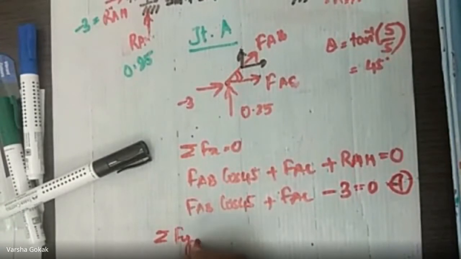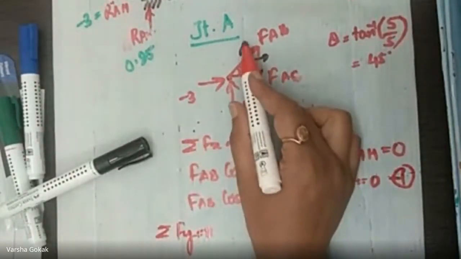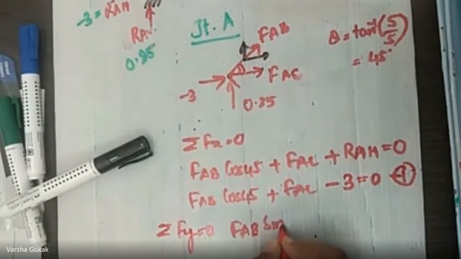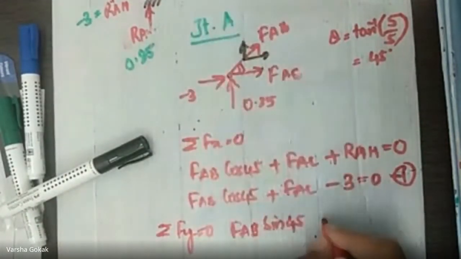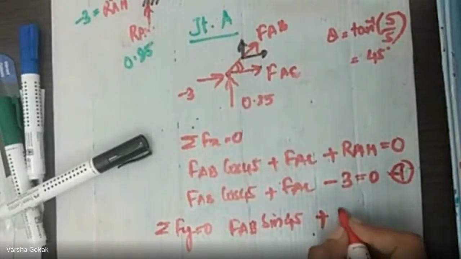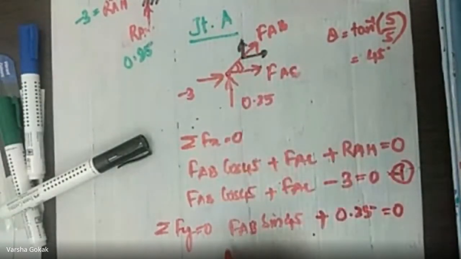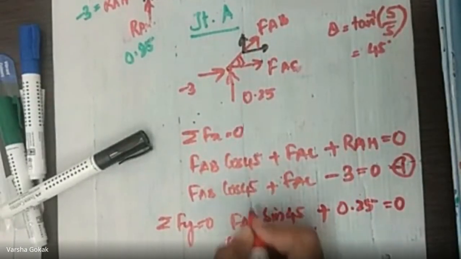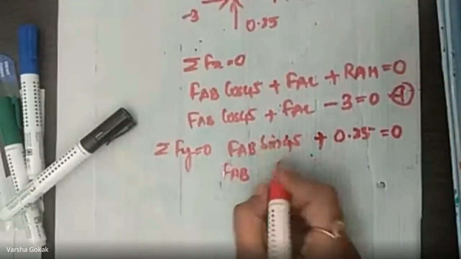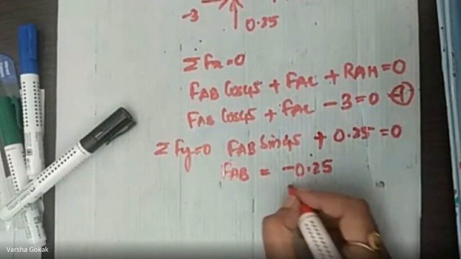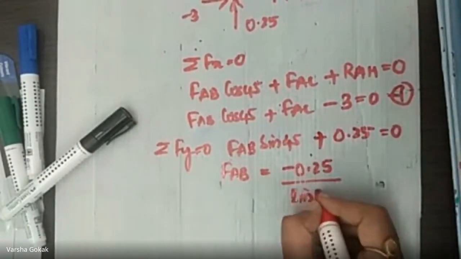Take summation Fy equal to 0. And we are taking this FAB sine. So FAB sine of 45, this plus 0.25, anything else? Nothing else, equal to 0. So what is FAB value? FAB is now going to become minus 0.25, this goes to the right hand side, divided by sine of 45.